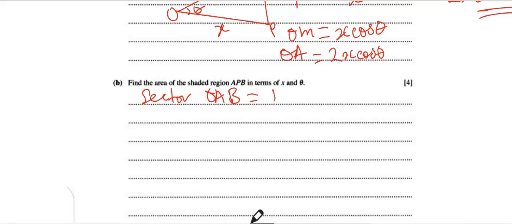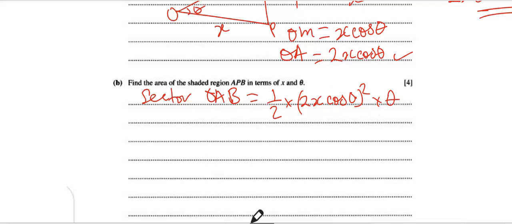It is given by a half multiplied by, because there is an included angle, 2x cosine of theta, then square this, multiply that by theta.